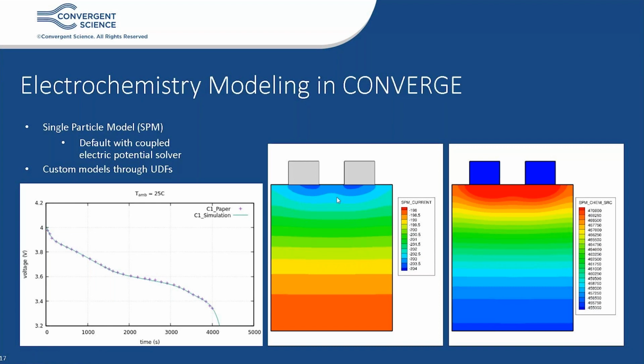The positive or negative sign just depends on your sign convention for charge or discharge. You see more current being generated near the tabs and less current being generated at the bottom. And the electrochemical model also evaluates the electrochemical heat release term, which is stronger on the top half of the battery. So such 3D electrochemical effects can also be included in CONVERGE simulations.